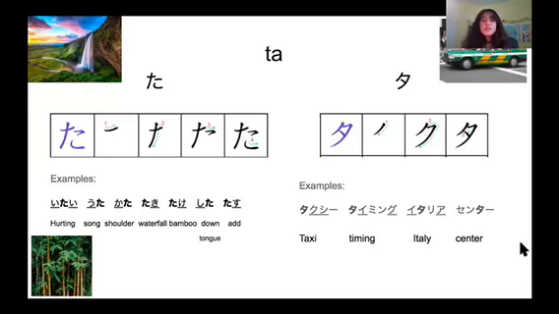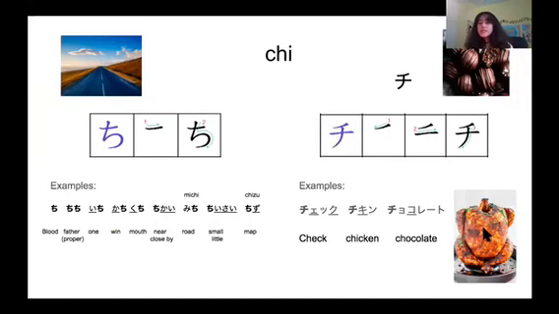And so the next one is chi, and this only has 2 strokes. You just have to curve the ending of the second stroke. Some examples are blood, 血, or father, 父, and this is how you can properly say it.